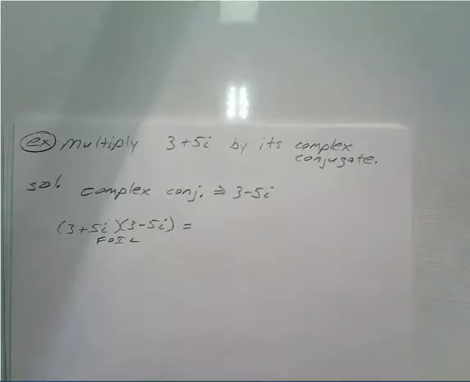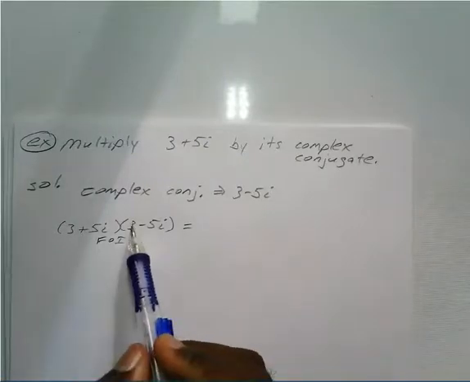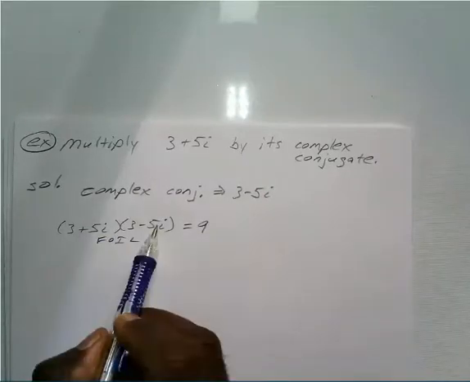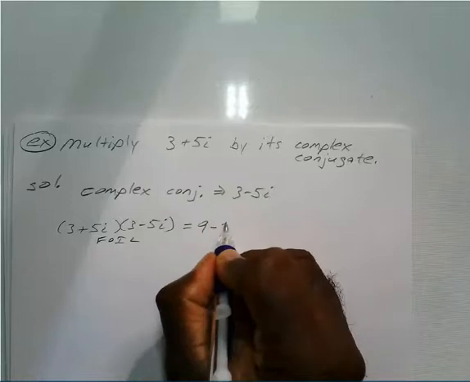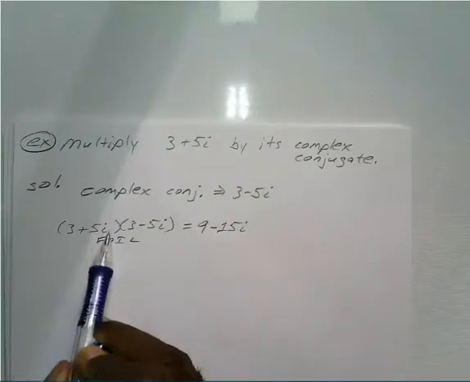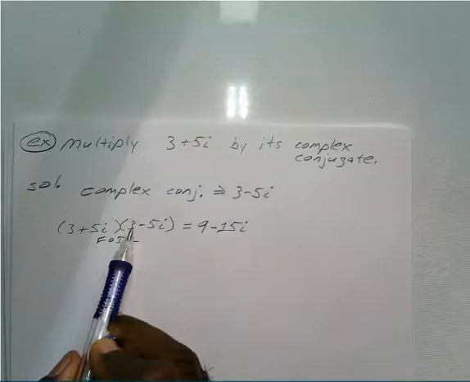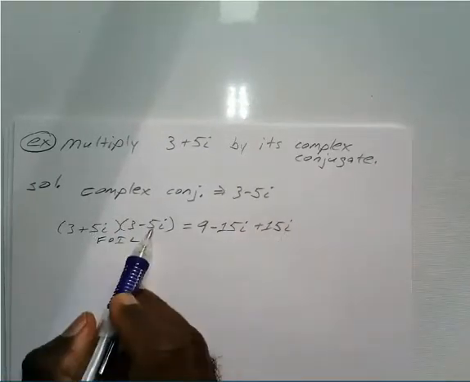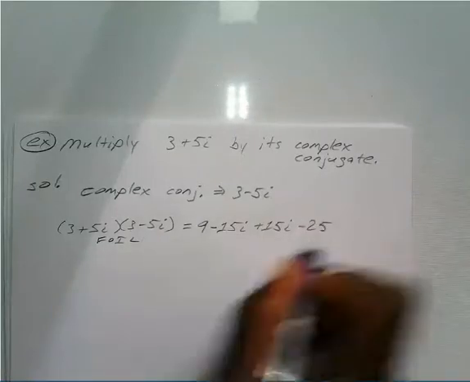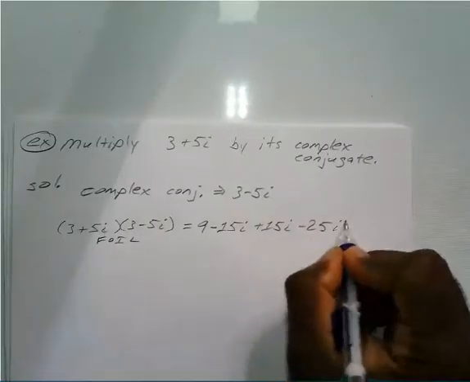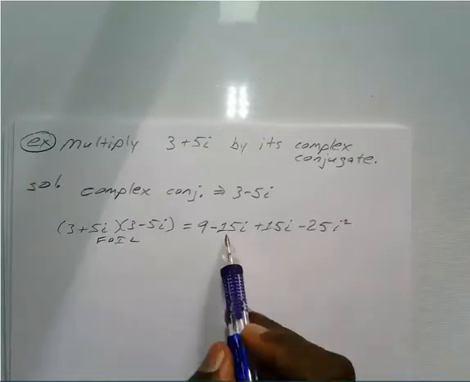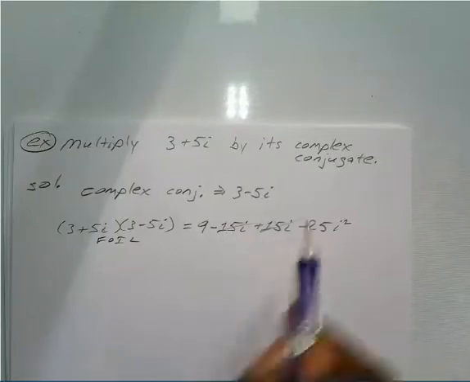we're going to end up with, remember, if we do our first, that will give us 3 times 3, which is 9. Then our outer, 3 times negative 5i is negative 15i. Then our inner, 5i times 3, is positive 15i. And our last gives us negative 25 i squared. These two middle terms will cancel each other out.